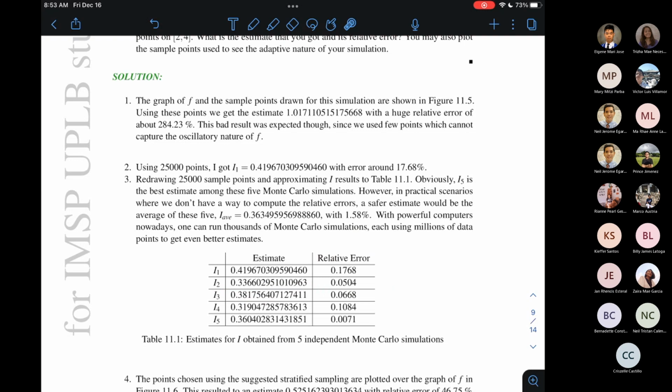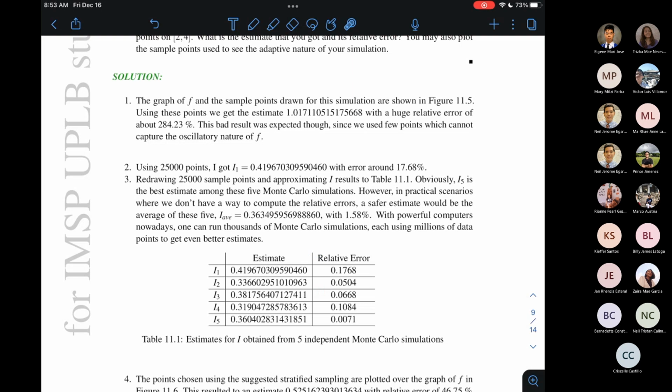We know that that's 6% accurate, which is very good, ano? And then do it fourth time, fifth time, and to get the best approximate. If we don't have any idea about the relative errors, ano, so kukunin ko ang i-report ko na estimate from the Monte Carlo simulation will be the average nitong 5 na ito.